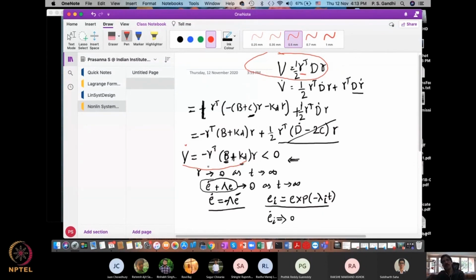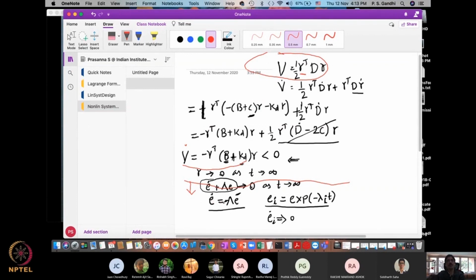So here we have made this conclusion for r alone first. r tends to 0 as t tends to infinity. That is what we are getting by applying the Lyapunov asymptotic stability theorem. And now beyond that, we are using some arguments of our own. These are not arguments from the Lyapunov. Whatever we are doing here onwards is all our own arguments, saying that when r tends to 0, then e dot plus lambda e tends to 0.